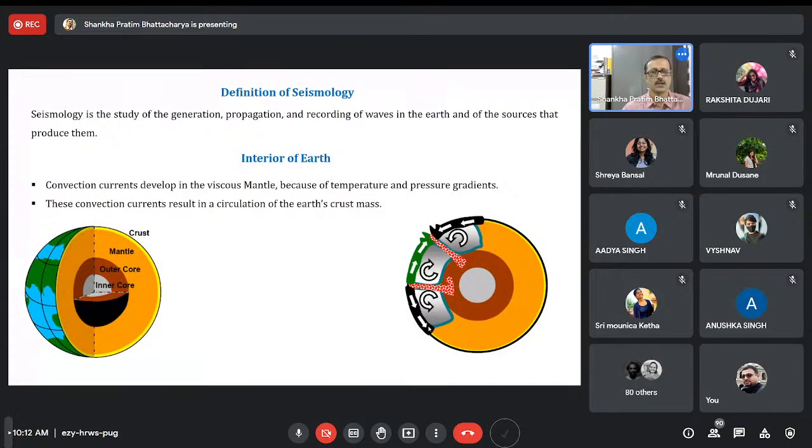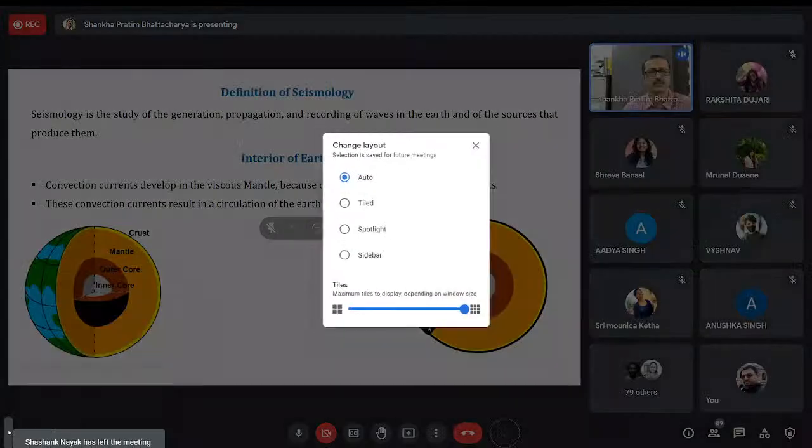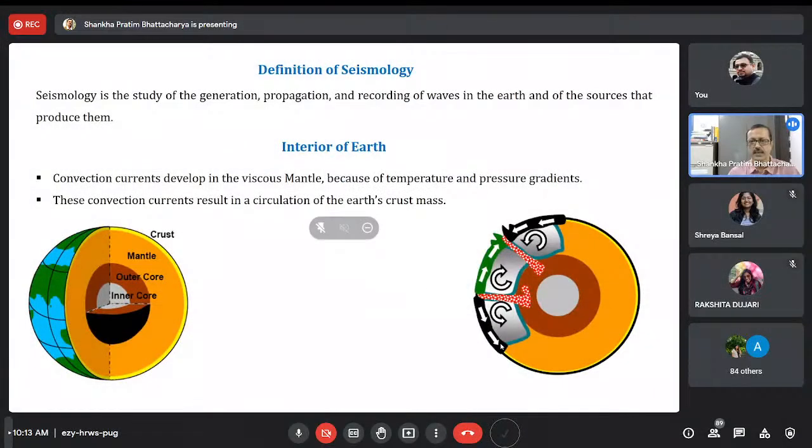Just like if you boil a cup of tea or milk, the way convection current is created, a similar way the convection current is created. The right hand side figure will give you an idea. And because of that convection current, there is a drag force applied to the crust, so the plates will move in different directions.